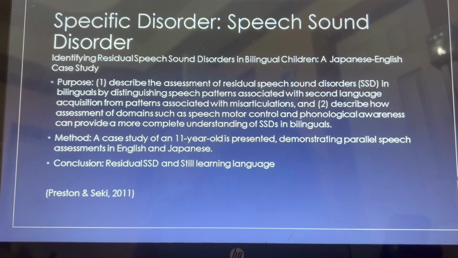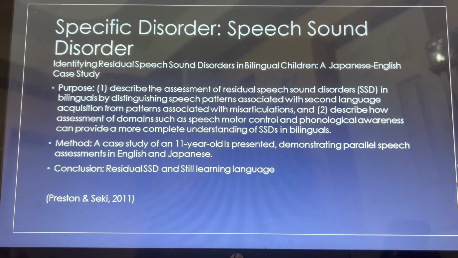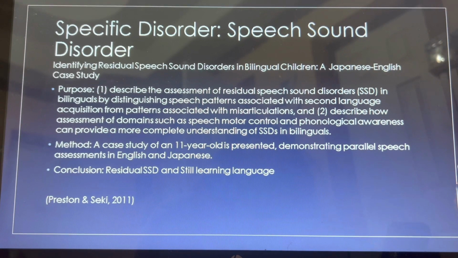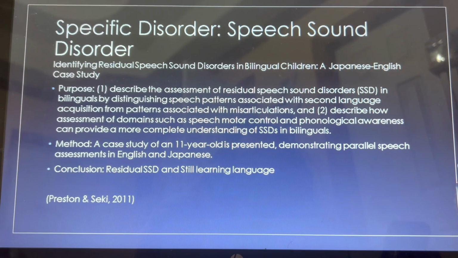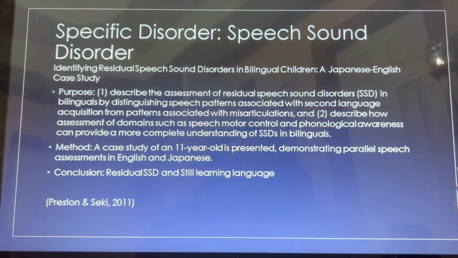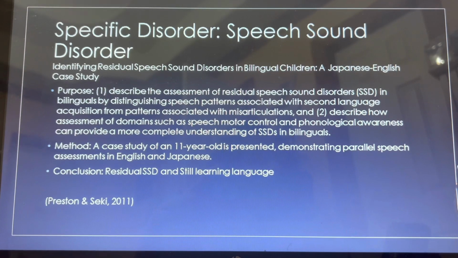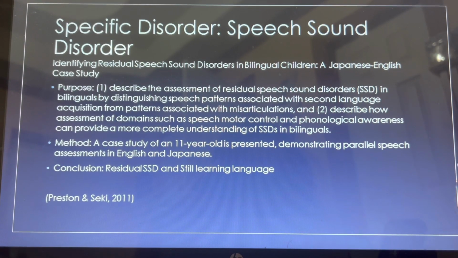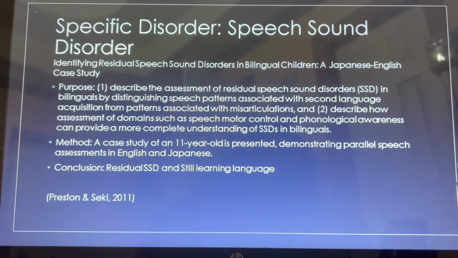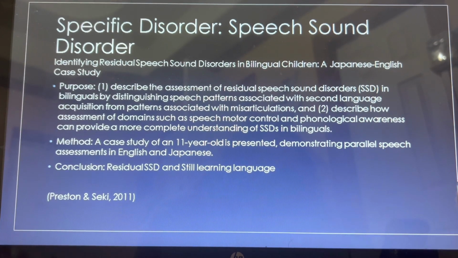For the most part, they saw several errors in English, which they wrote up to the influence of Japanese. They saw that he was transferring Japanese characteristics of language to English. Another thing, though, that they saw was that the child still showed residual speech sound disorders in both languages.